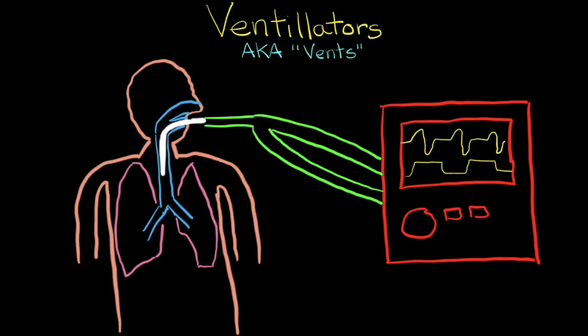So again, the vent's doing nothing to fix that underlying problem, and in order to ultimately get them off of the ventilator, we need to correct that problem first before we can even look at taking away that ventilator support.